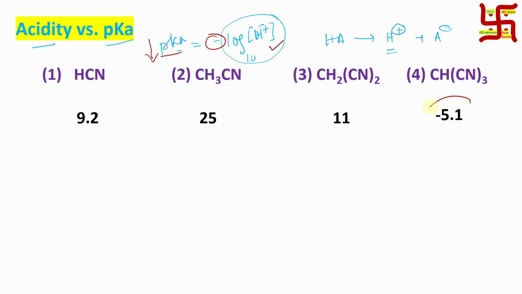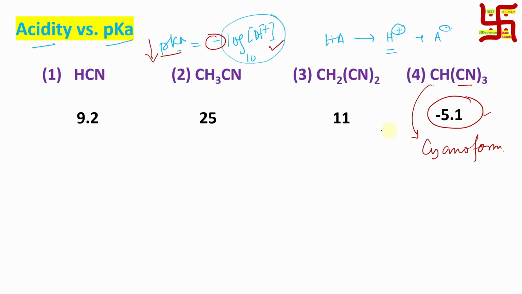Now if you look at CH(CN)3, this is called cyanoform. It is a very strong acid, you can compare it with an inorganic acid like HCl. It is that strongly acidic. Why? Because three electron withdrawing cyano groups are attached here, so the conjugate base is extremely stabilized because of delocalization.